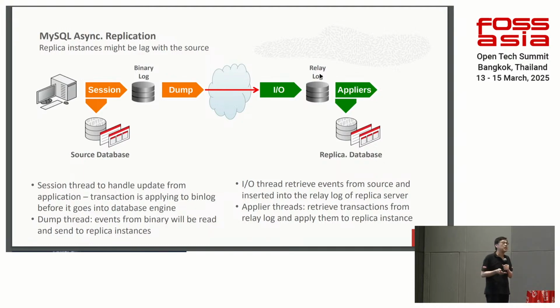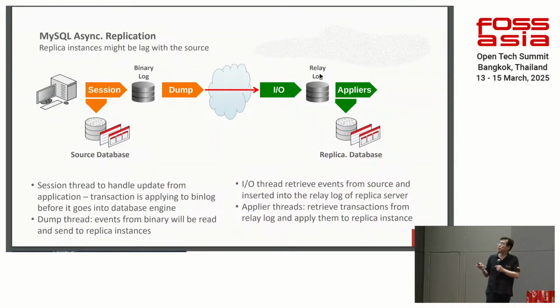The binary log will contain all the data, and the replica server can be configured with the source database's host, the port number, and the username used to access the master server, and then you issue start replica.